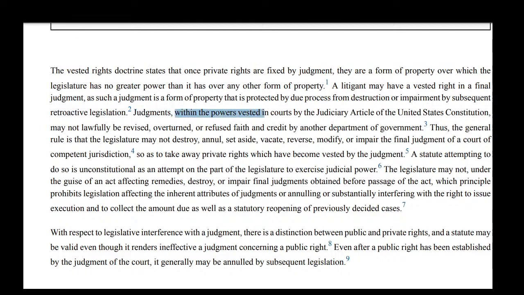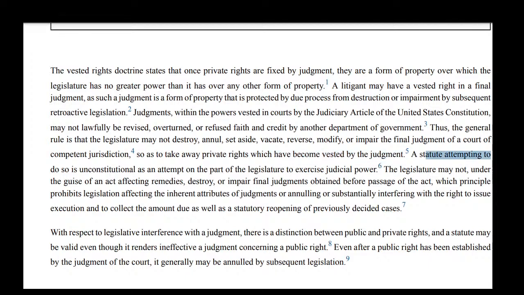Judgments within the powers vested in the courts by the judiciary article of the United States Constitution may not lawfully be revised, overturned, or refused faith and credit by another department of government. Thus, the general rule is that legislature may not destroy, annul, set aside, vacate, reverse, modify, or impair the final judgment of a court of competent jurisdiction, so as to take away private rights which have become vested by the judgment.